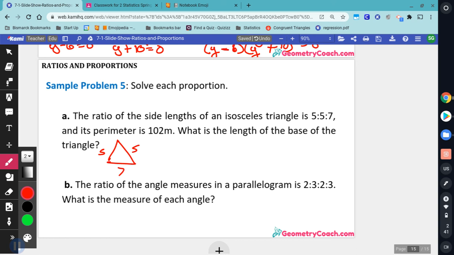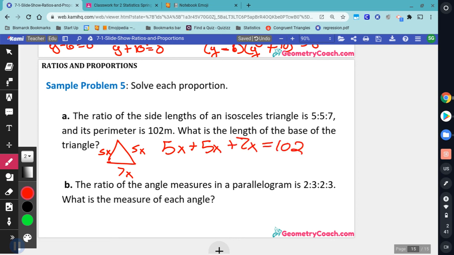Now that means it could be 5, 5, and 7, or it could be 10, 10, and 14, or it could be 15, 15, and 21. It's 5 times some factor, 7 times some factor. Perimeter is 102. So 5x plus 5x plus 7x equals 102.